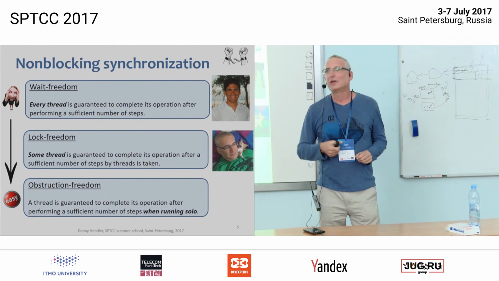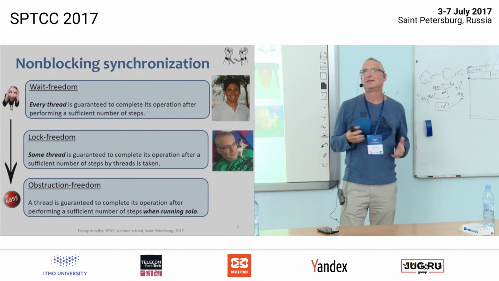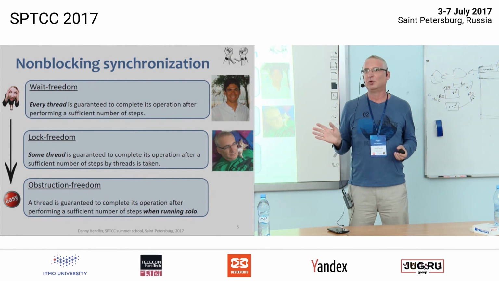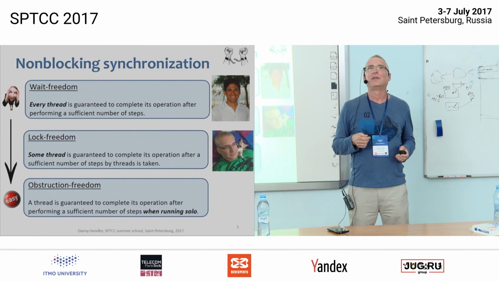Let us recall the progress guarantees that exist when we talk about locks. In locks, it's a different model. When we discuss locks, we assume that processes do not fail. And there we discuss deadlock freedom and starvation freedom. Are you aware of these concepts?